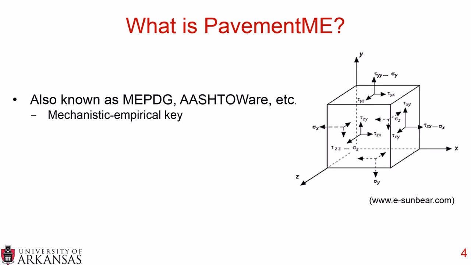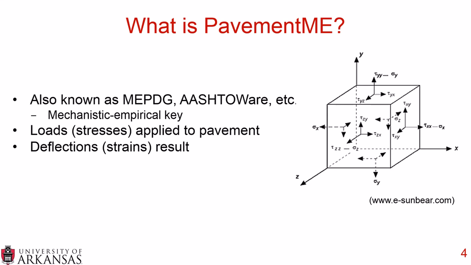When we think about PavementME, when you're reading literature and looking at resources, you'll also hear PavementME referred to as MEPDG or AASHTO. There are many different names out there based on when the document was written, but the key is the concept of mechanistic empirical, and that is the ME in PavementME and MEPDG.